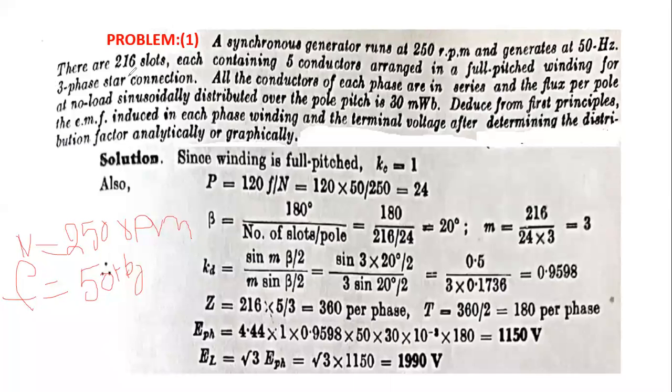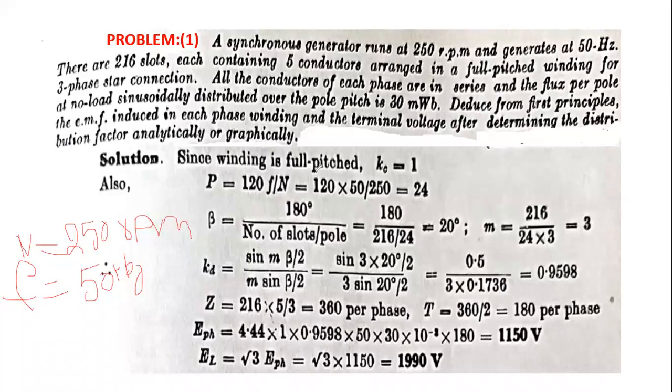There are 216 slots, each containing 5 conductors, arranged in a full pitched winding for a 3-phase star connection. All the conductors of each phase are in series, and the flux per pole at no load, sinusoidally distributed over the pole pitch, is 30 milliwebers.